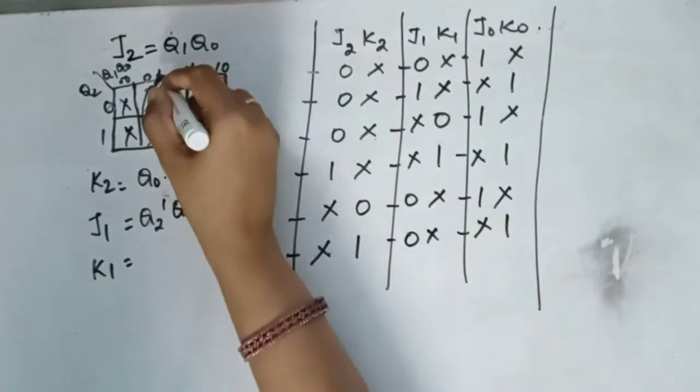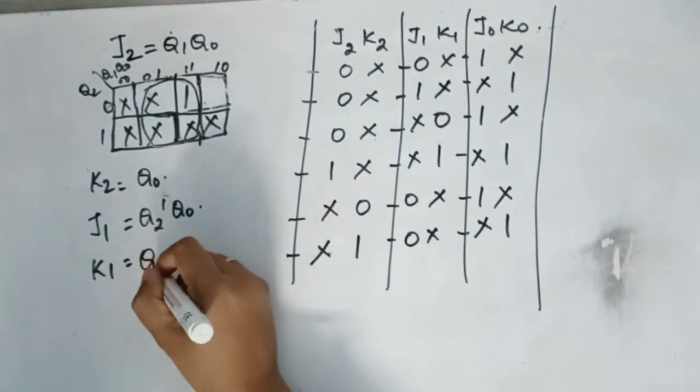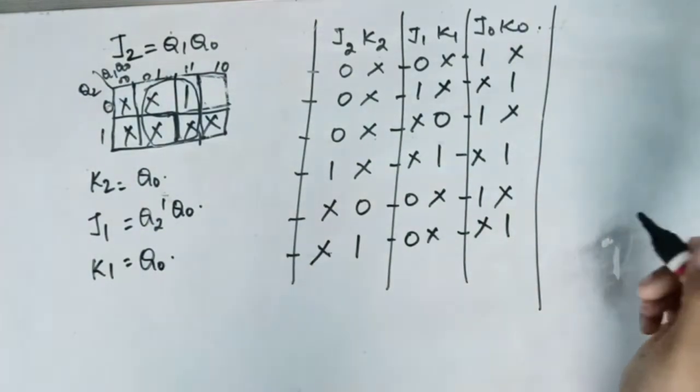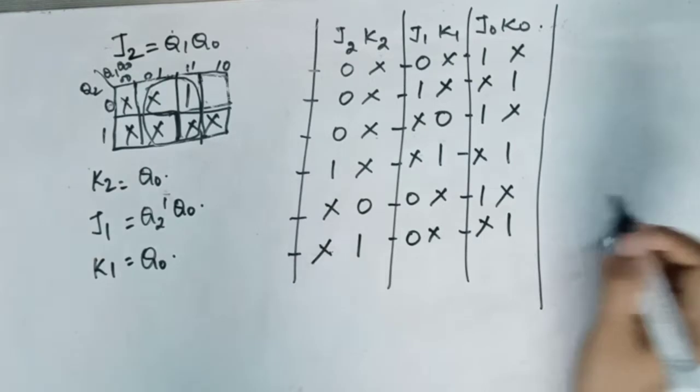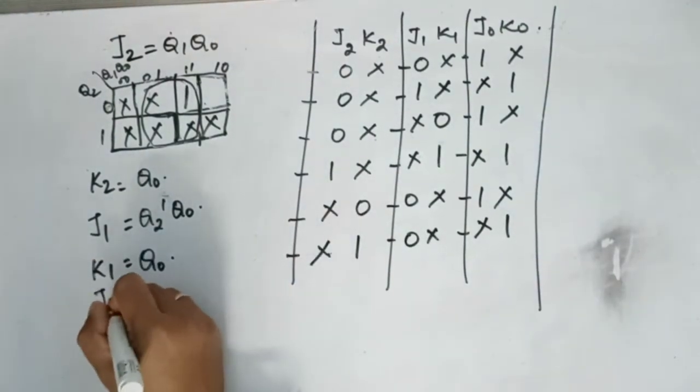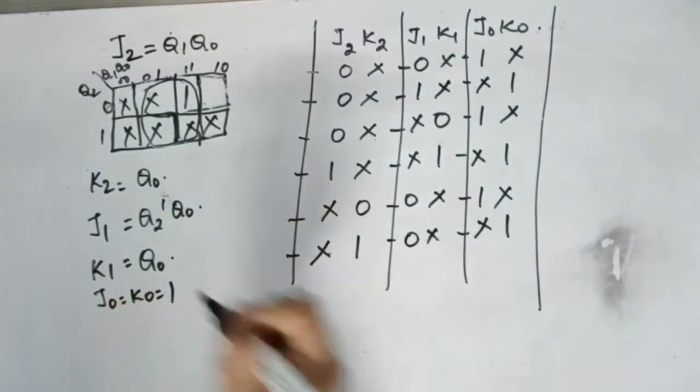So that will be Q0. Okay, and J0 K0 is 1.